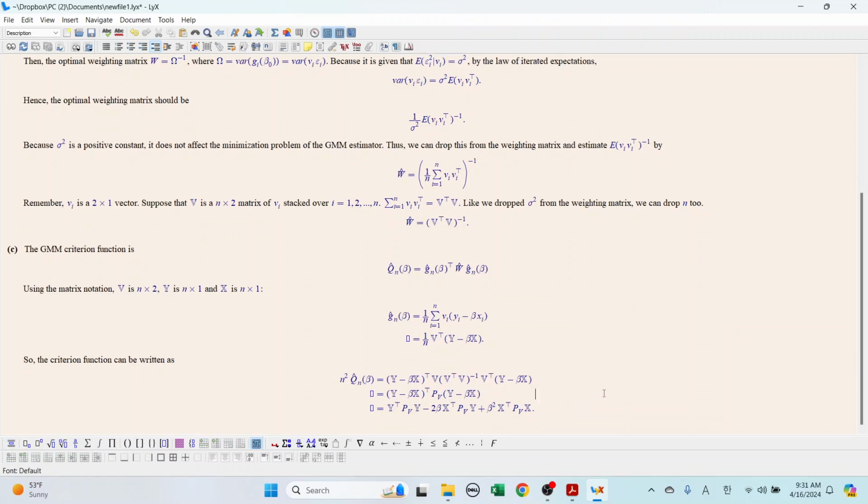And again, the first term does not depend on beta. Thus, this additive constant does not affect the minimization problem, right? Because adding something does not change the minimizer in beta, right?